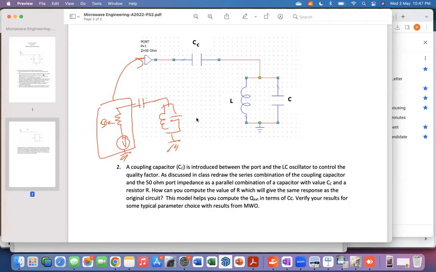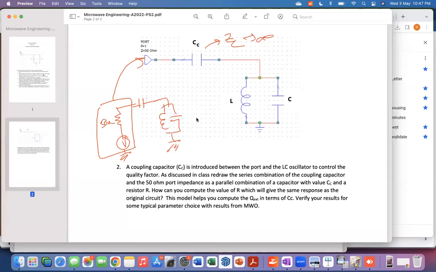But if I put a very small capacitor here, then that actually reduces that rate of dissipation. Because if I make the capacitor smaller and smaller, in the limit of capacitance going to 0, this impedance Z of C will go to infinity, because it goes as 1 over omega C. And that basically is saying that this LC oscillator is not connected to anything. It's isolated. So that's the case of no dissipation.